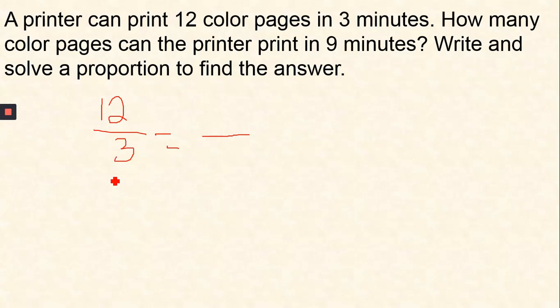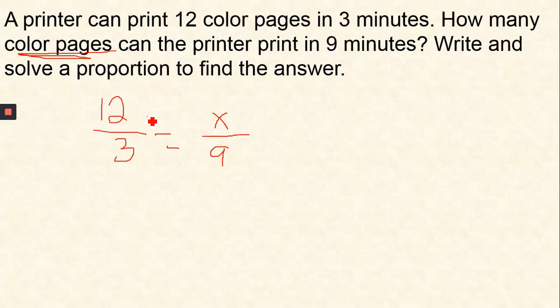Pages over minutes, pages here over minutes. How many color pages? So we're going to represent that as variable x. That will be written on the numerator, and 9 minutes should be written on the denominator. They have the same pattern: pages, minutes, pages, minutes. And then after that, you're going to apply cross multiplication.